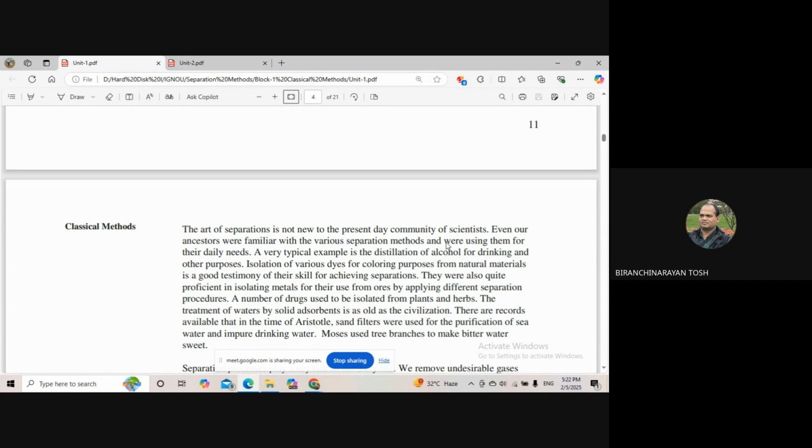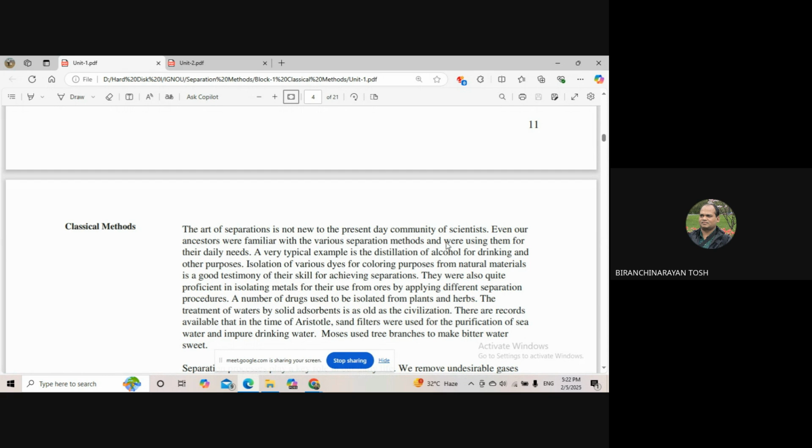One of the best examples of use of separation in industry is the availability of a variety of products from crude petroleum. We generally separate different fractions of petroleum by fractional distillation.